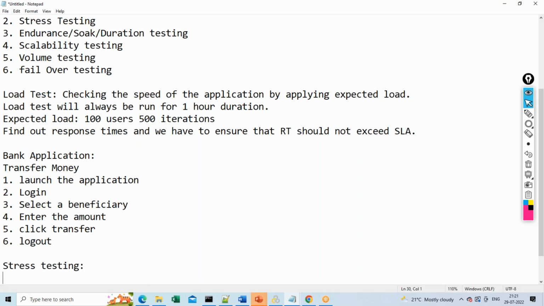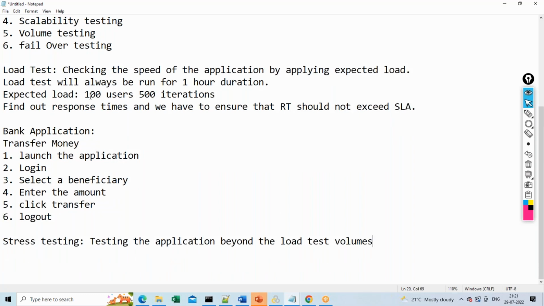Okay, then let's discuss stress testing. Stress testing is nothing but testing the application beyond the load test volumes. So what do you mean by load test volumes? Let's say load test volumes is 100 users and 500 iterations that we tested.